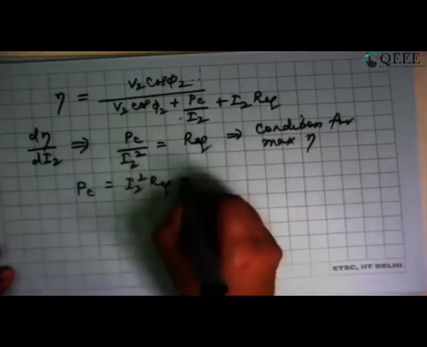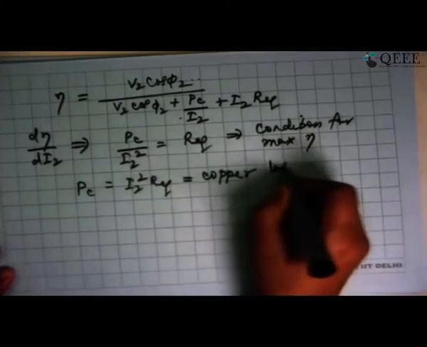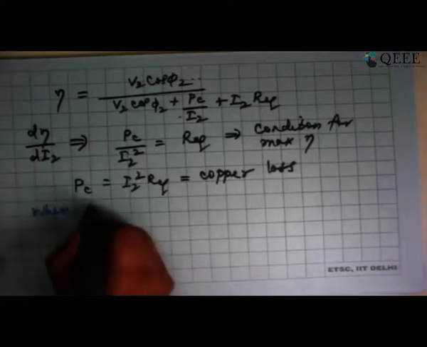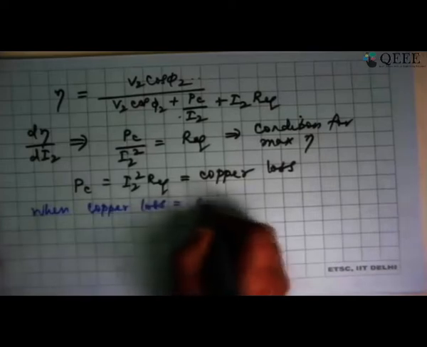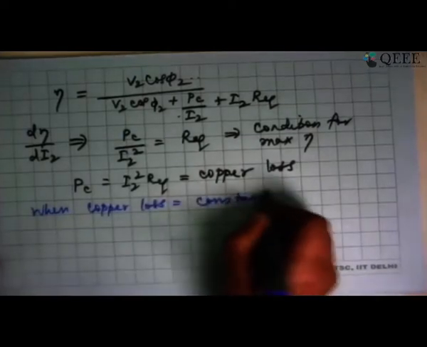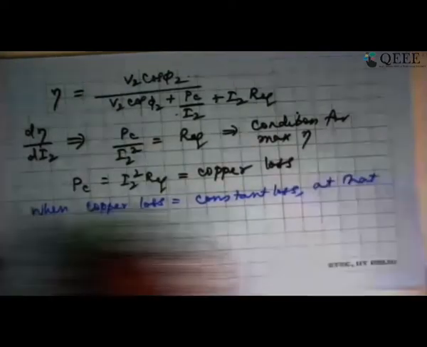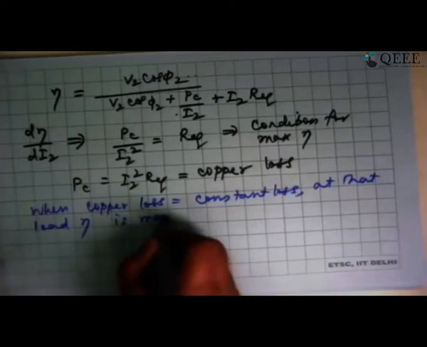I2 square R equivalent is copper loss. So when copper loss is equal to constant loss, at that load, efficiency is maximum.